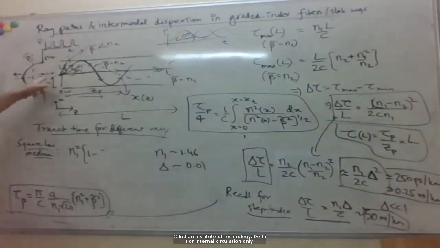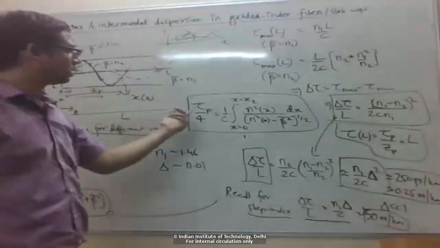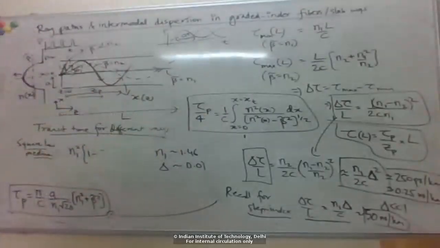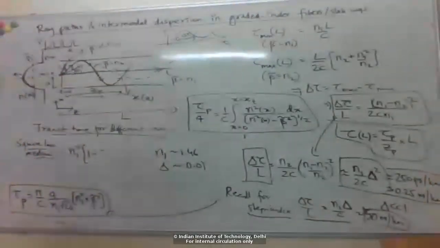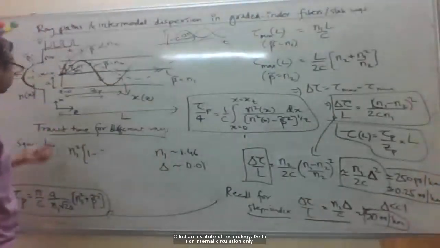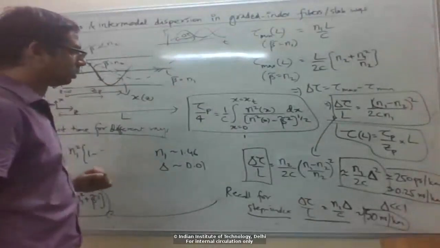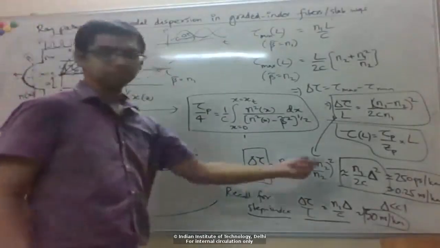Recall that we actually did this analysis for a slab waveguide. We took this coordinate as x, whereas for a fiber you have to take the radial coordinate. The equations we need to solve, instead of Cartesian coordinates, would need cylindrical coordinates, which will be more complicated. That's why we didn't discuss that. We just discussed the slab waveguide, but miraculously it turns out that the final result is the same.